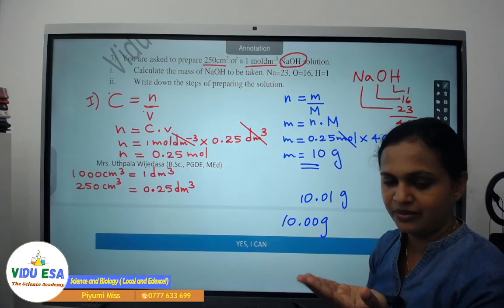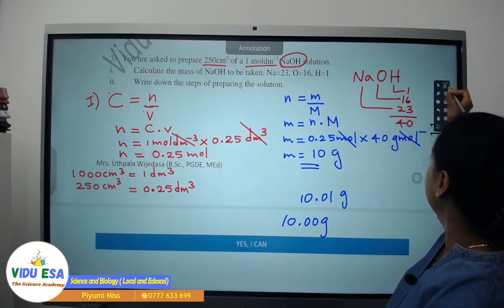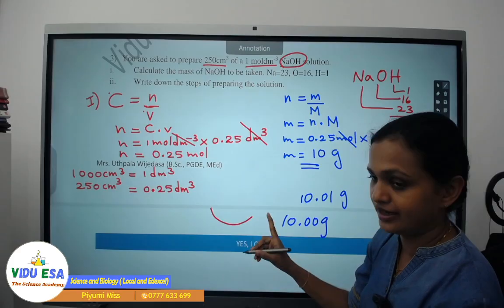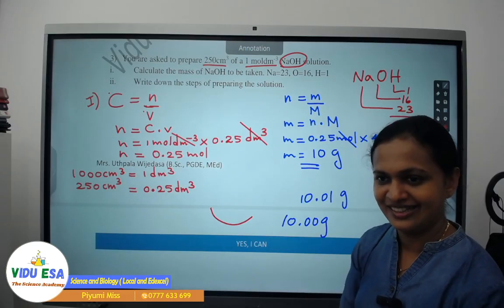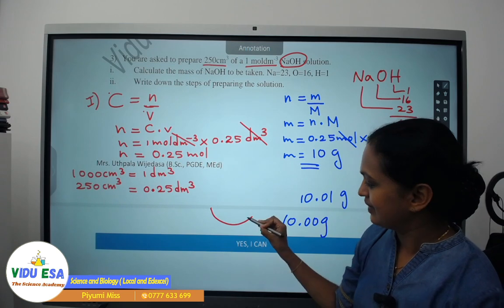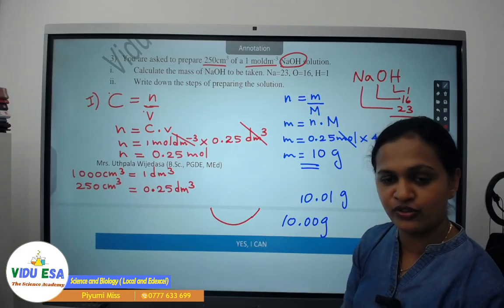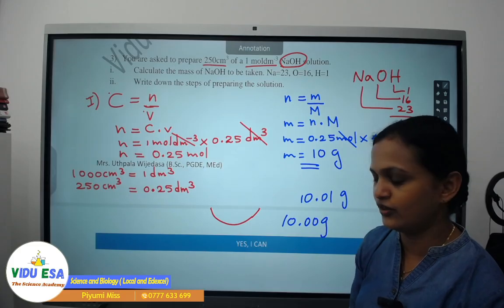Then actually you are measuring the mass in a watch glass. At school you will do this practical. You take a clean, dried watch glass, and first you measure the mass of the watch glass.